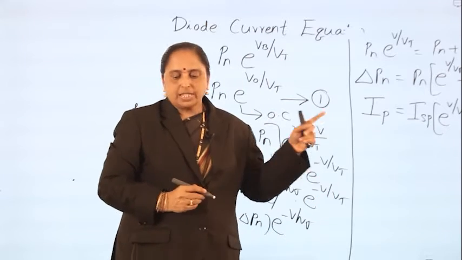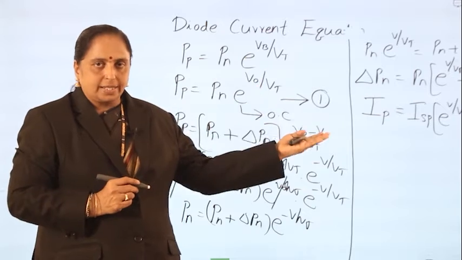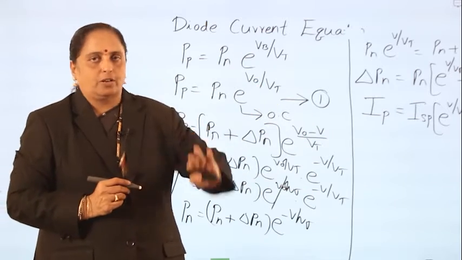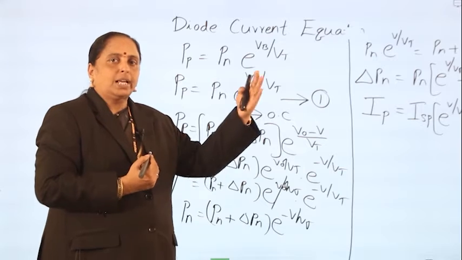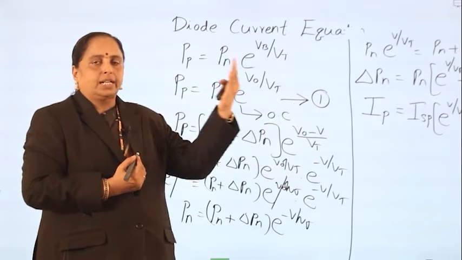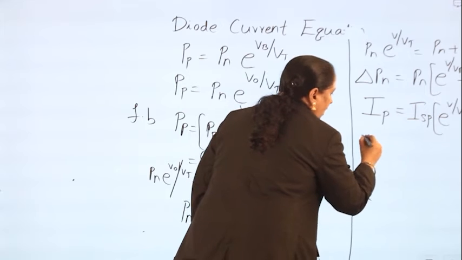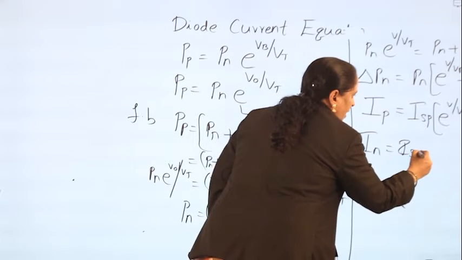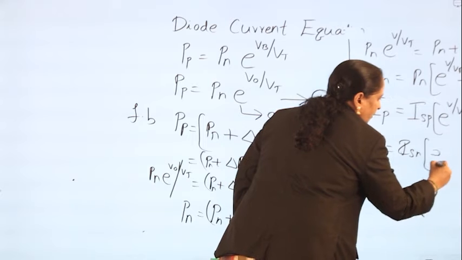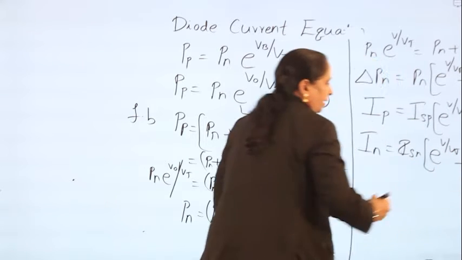So this equation is nothing but the hole current constituted on the N side after the diode is forward biased. Similarly, the electrons from the N side diffuse and enter into the P region, we can call this IN, the electron current. So this is known as ISN into e power V by Vt minus 1.